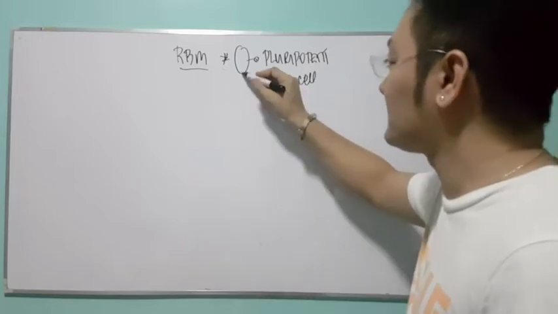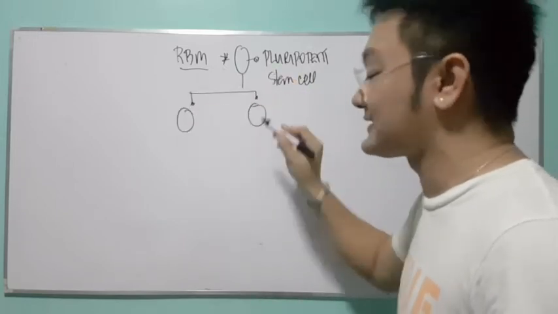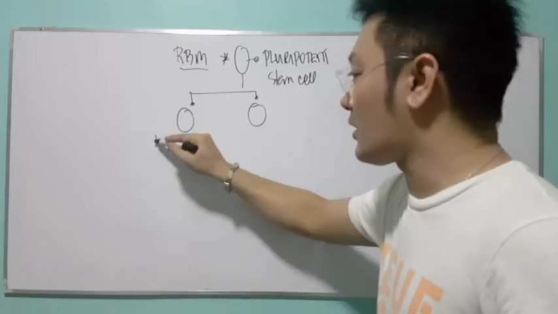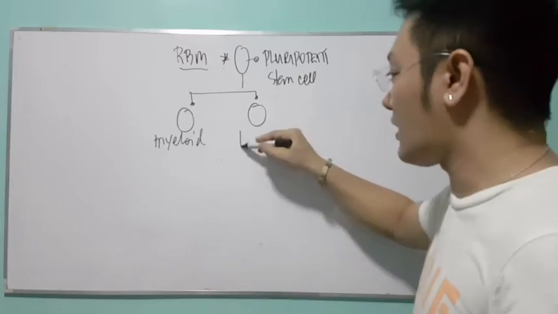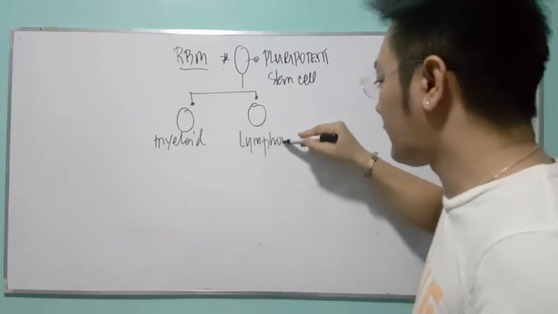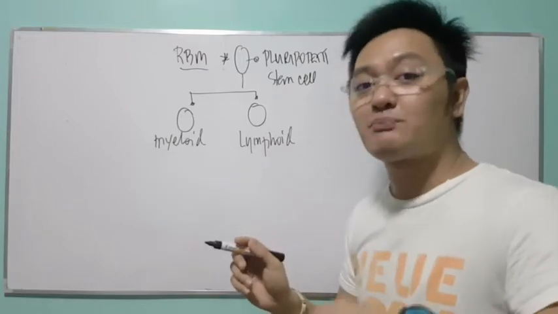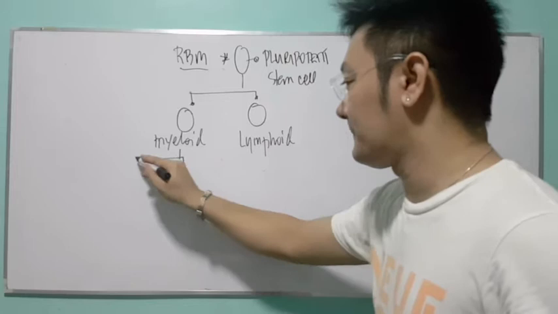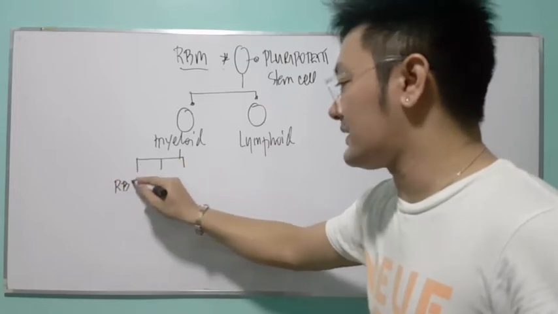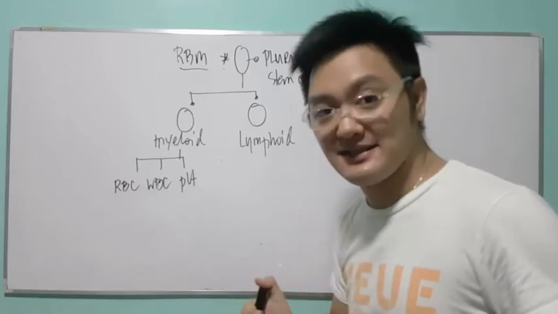So from a single pluripotent stem cell, it will give birth to two different stem cells. First, you call that a myeloid. Second, we call this a lymphoid. Can you follow? This myeloid stem cell will produce three important cells. It becomes RBC, WBC, and of course, your platelet.